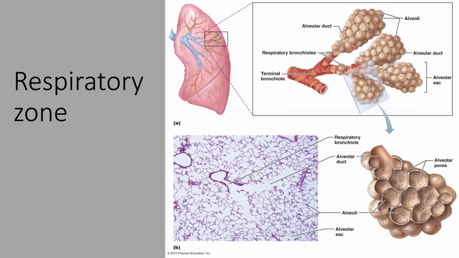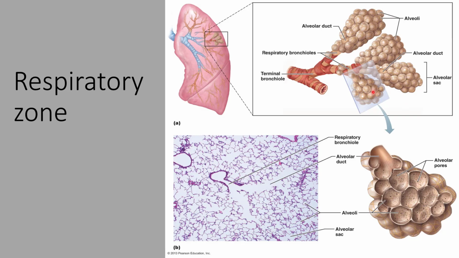This big cluster of alveoli is called an alveolar sac. When we breathe in, these alveoli expand like balloons and then deflate. Each one of these little spheres is called an alveolus, and lots of them are called alveoli.